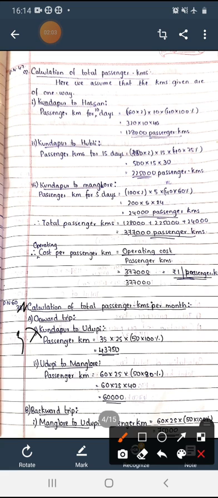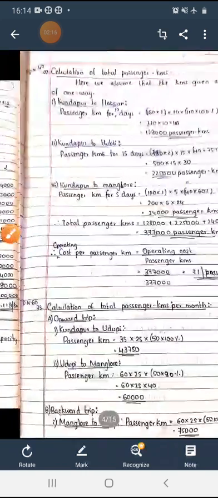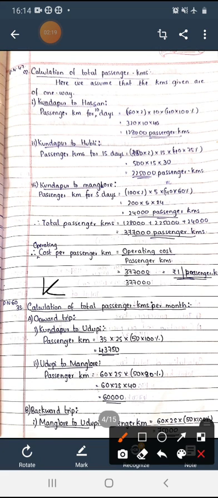Now the distance between Kundapur and Udupi is 35 kilometers and between Udupi and Mangalore is 60 kilometers.